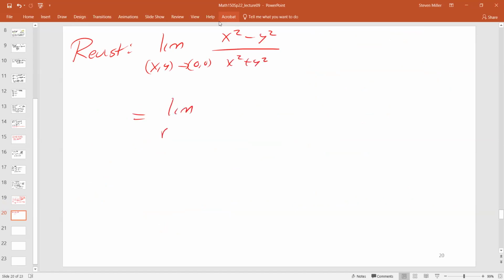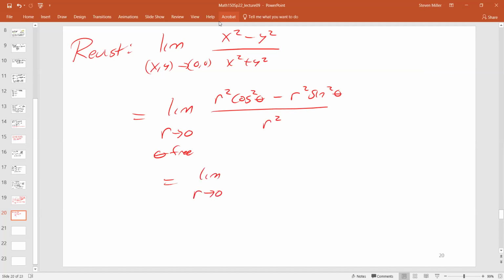This is the same as the limit as r goes to 0, theta is free, of r squared cosine squared theta minus r squared sine squared theta over r squared, which is the limit as r goes to 0, theta is free. The r squareds cancel, and we get cosine squared theta minus sine squared theta.